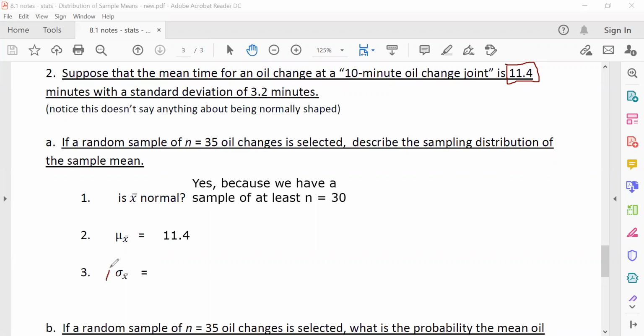However, the standard deviation that we need to concern ourselves with is going to be equal to the standard deviation of the population divided by the square root of the sample size. Thus, it's going to be 3.2 from above divided by the square root of 35.